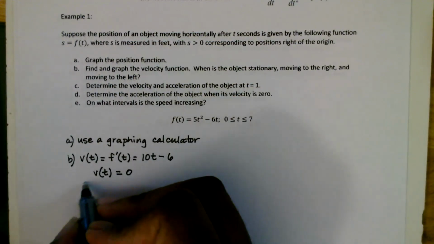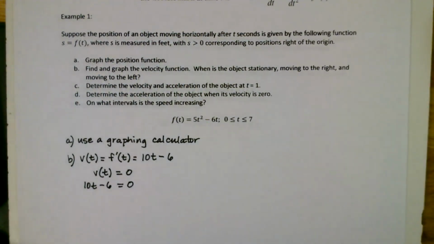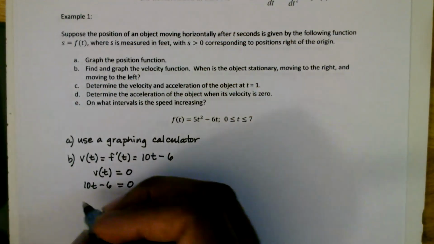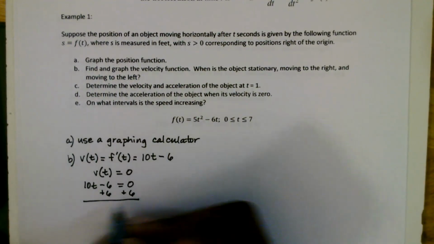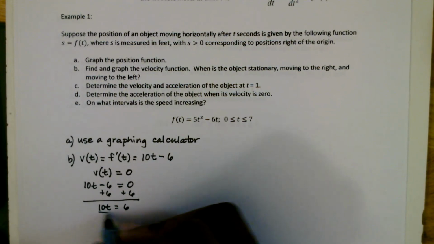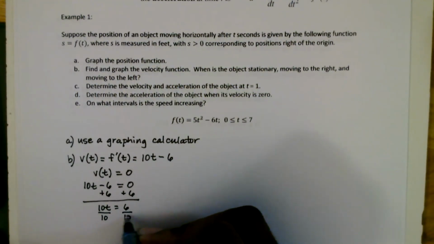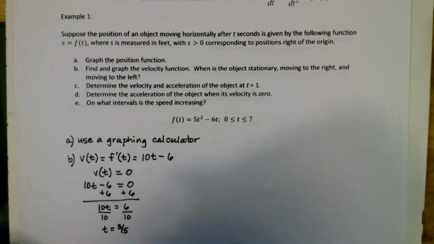And v of t was 10t minus 6. That's going to be set equal to 0. Now here we can solve this equation for t. If I add 6 to both sides, I get 10t is equal to 6. Divide by 10. Then t is equal to 6 over 10, which reduces to 3/5.